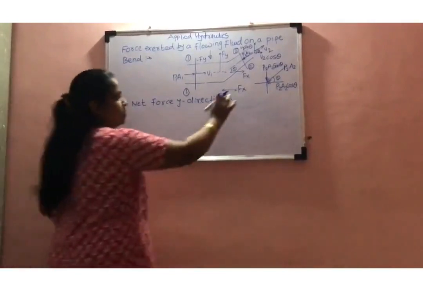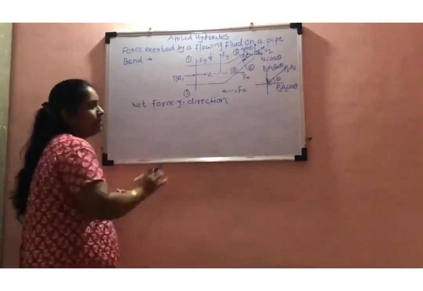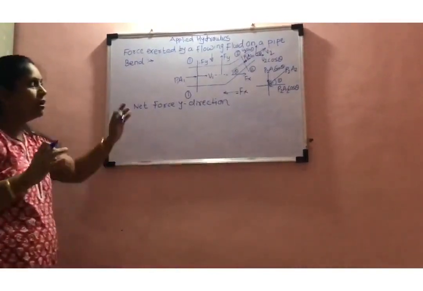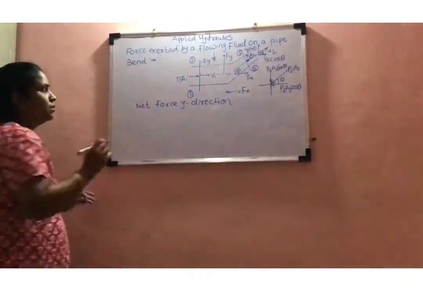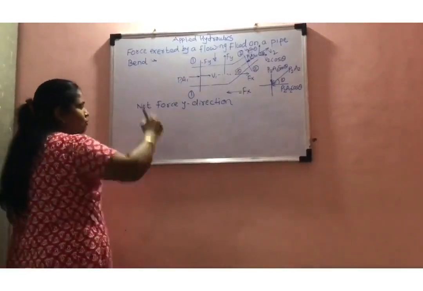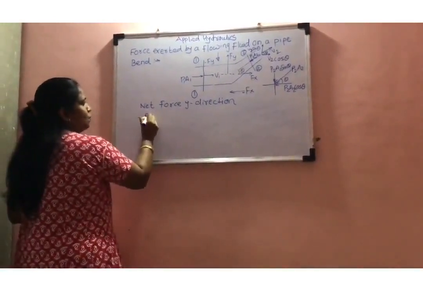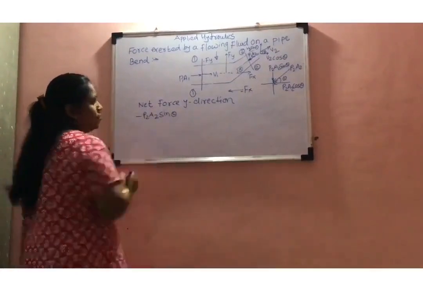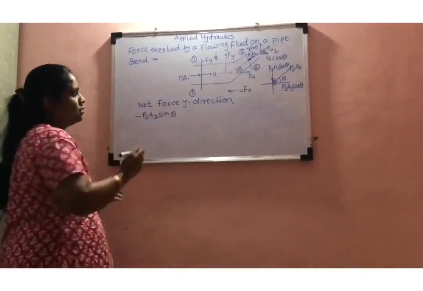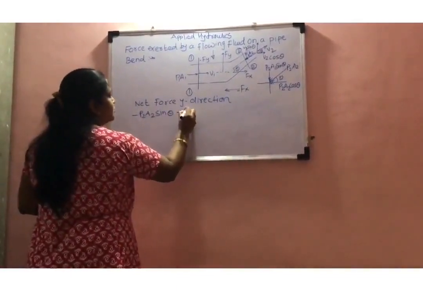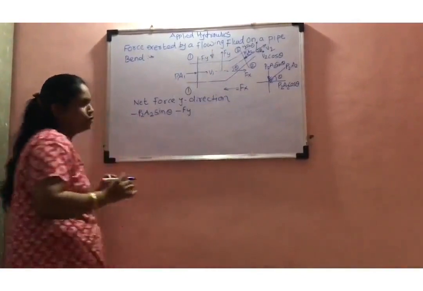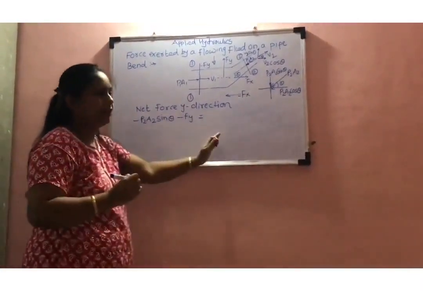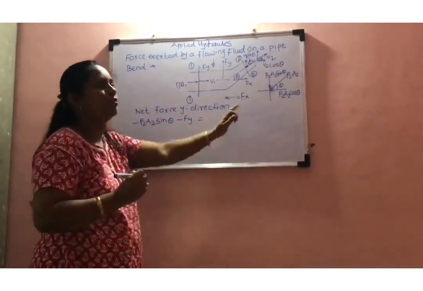Then you can consider the force P2 A2 at cross section 2, but it is in the downward direction, so P2 A2 sin theta, then minus Fy, this downward direction force, should be equal to mass flow rate into change of velocity.